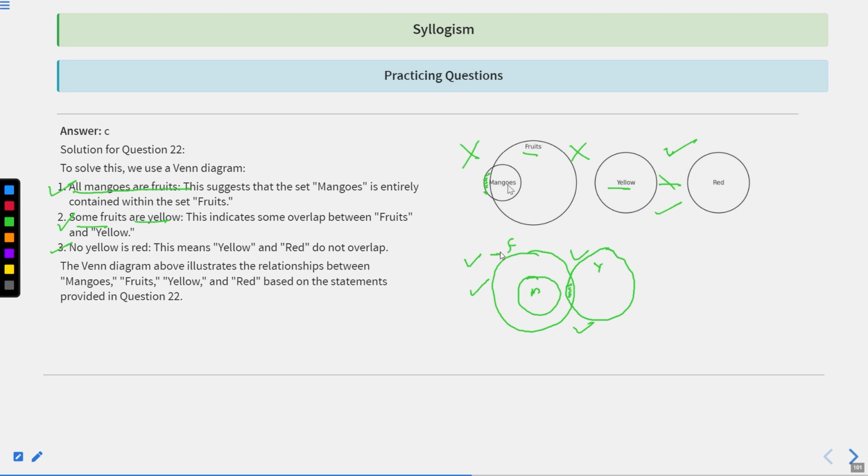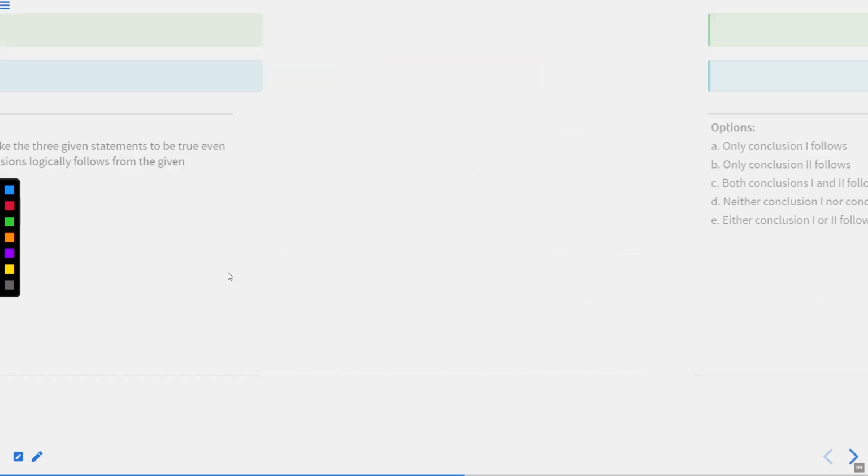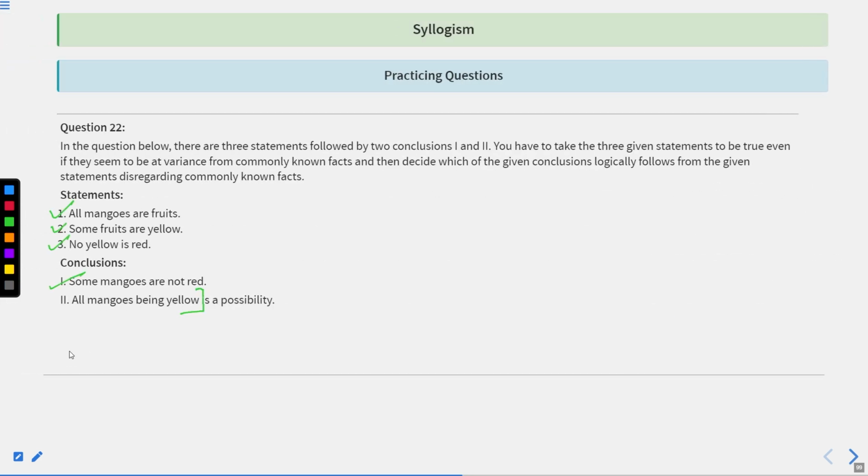So if all the mangoes are fruits and some of the fruits are yellow, there is a possibility that this could have been the scenario, but we cannot conclude that this statement is correct, because there is no relation, no direct inference we can take.